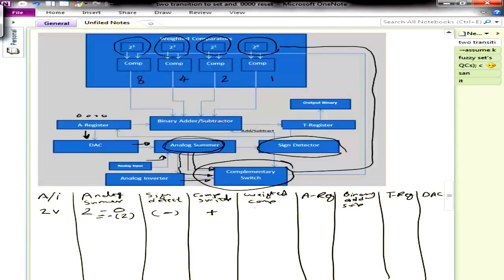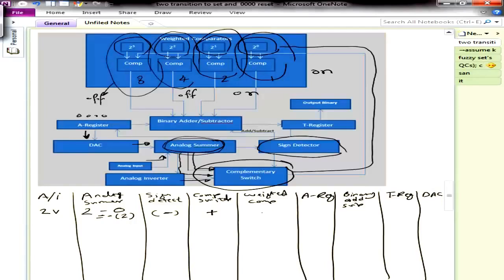The weighted comparator finds that the input is 2. So the first comparator is switched on, the second comparator is switched on because the input is bigger than or equal to the reference voltage, the third one is switched off, and the fourth one is switched off.